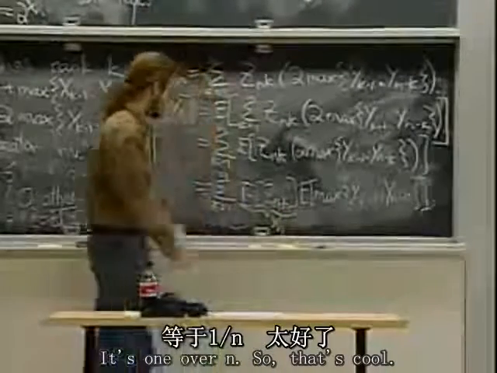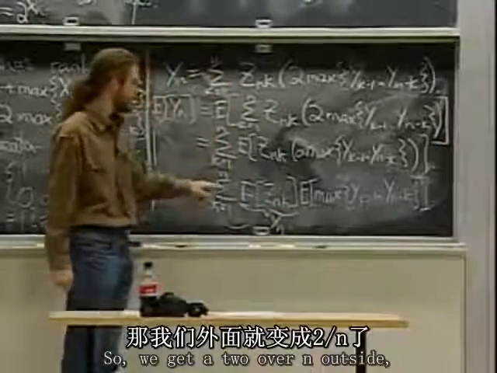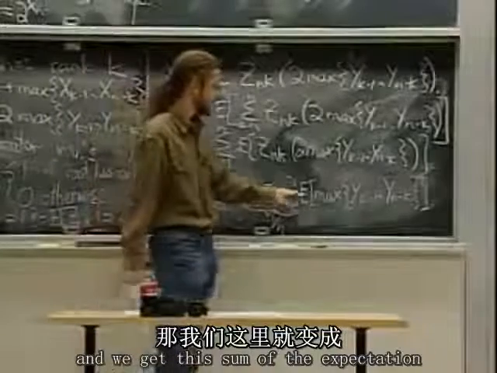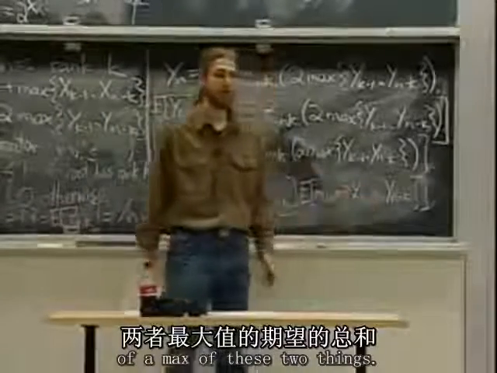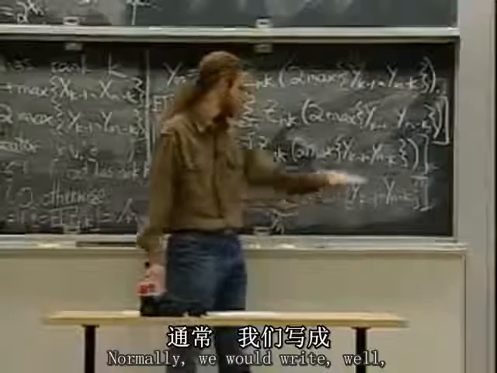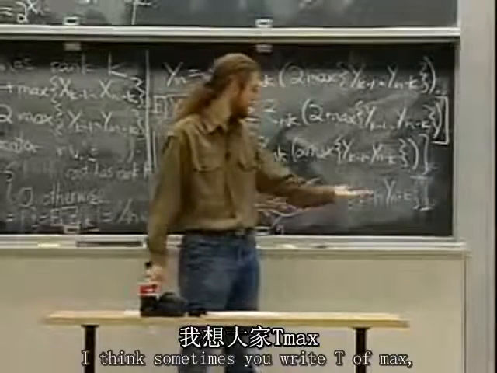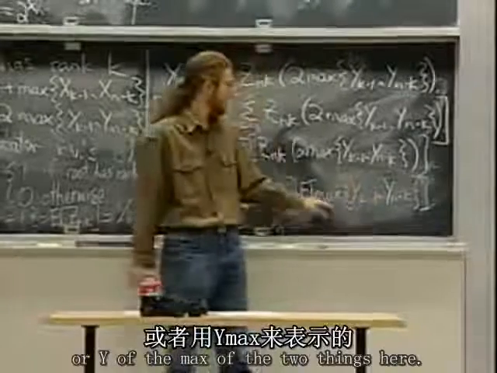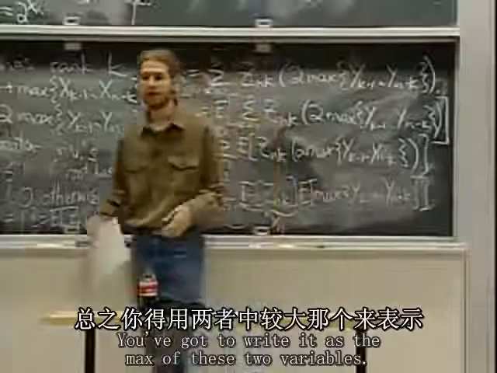So we get a 2 over n outside, and we get this sum of the expectation of a max of these two things. Normally you write T of the max, but here we've got to write it as the max of these two variables.